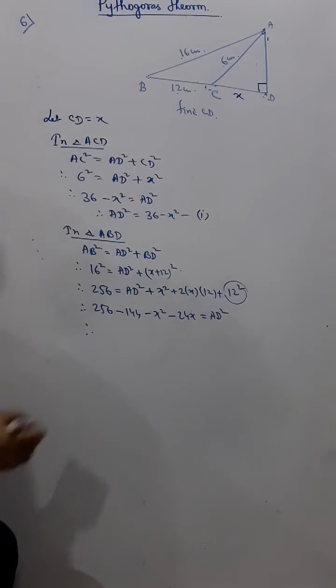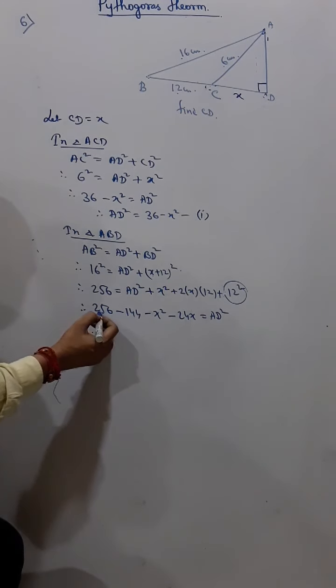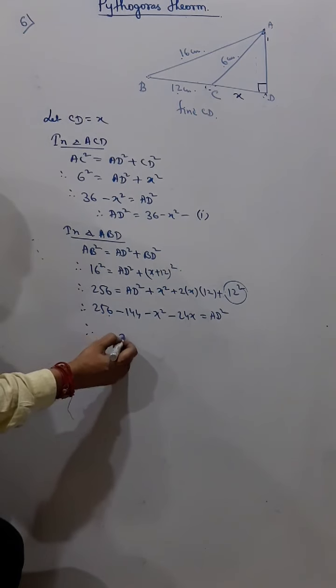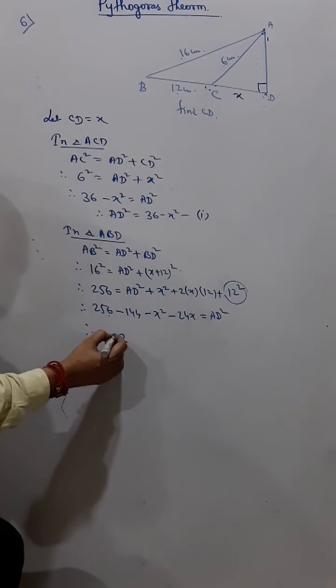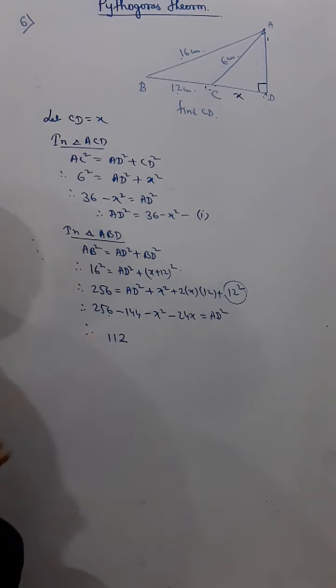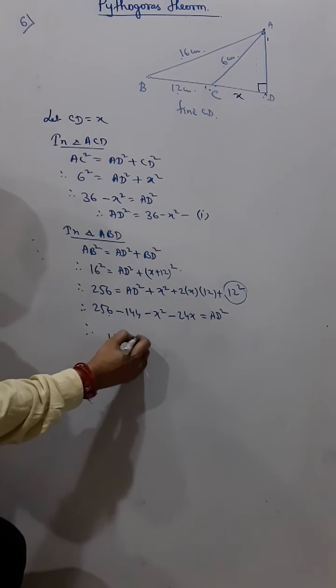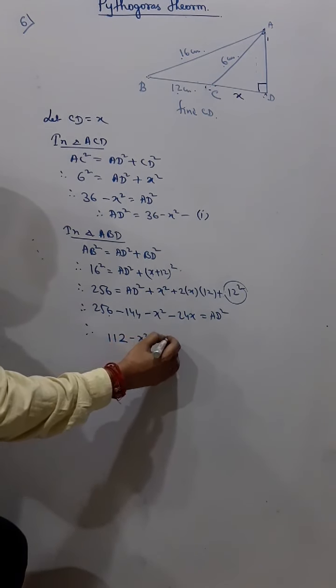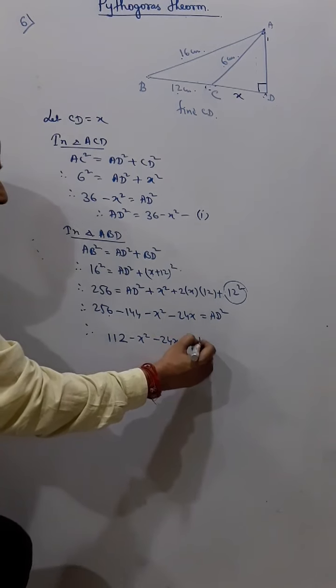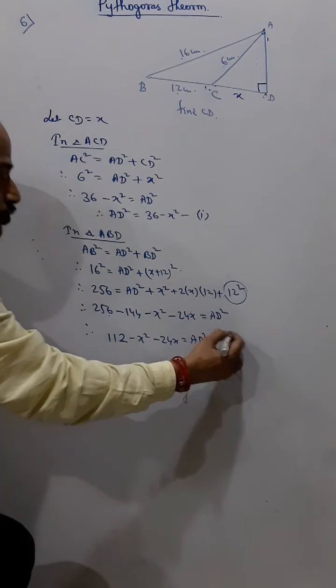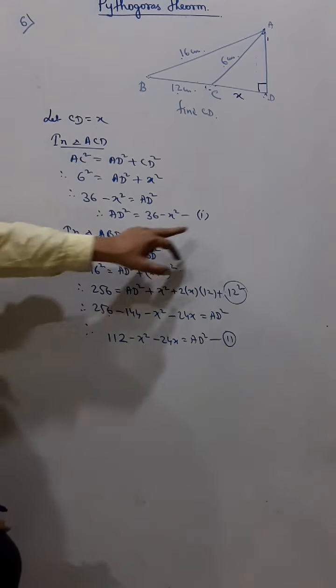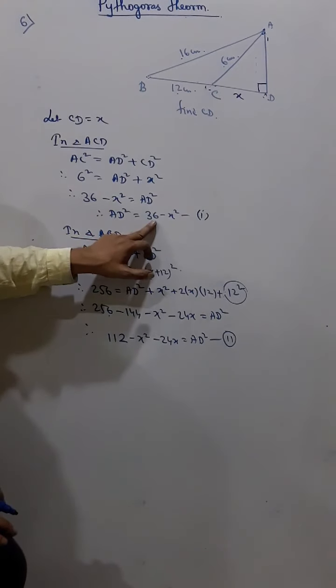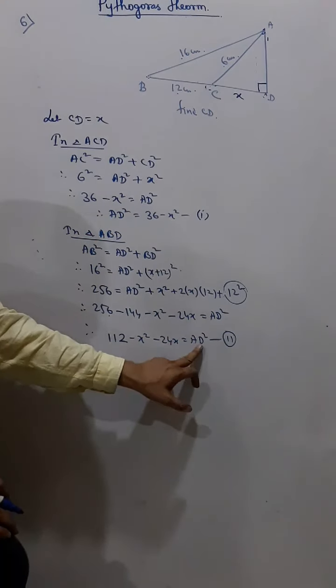So finally what we are getting, 256 minus 144, we get 112 minus x square minus 24x is equal to AD square, and let it be number 2. So you can understand, in number 1 we got AD square equal to this, and in number 2 we got AD square is equal to this.